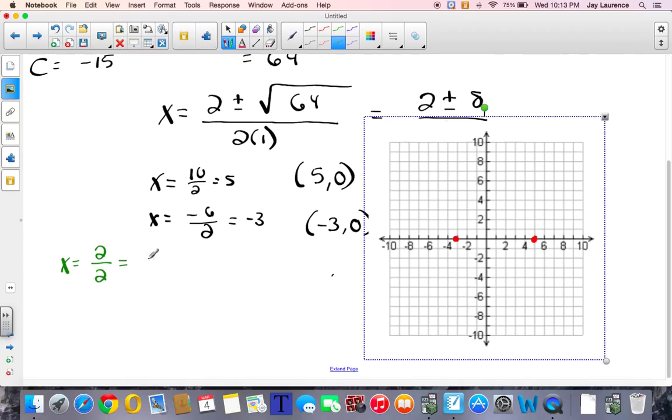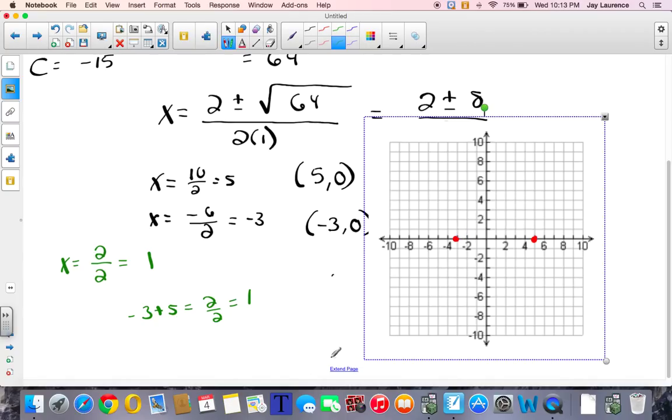So the x-coordinate of the vertex is 1. Hey, by the way, what's the midpoint between negative 3 and 5? Well, negative 3 plus 5 is 2, and 2 divided by 2 is 1. So you see it's midway between because of symmetry.